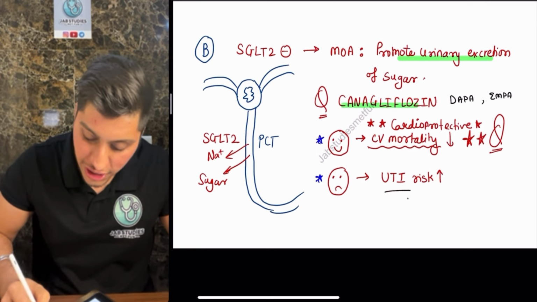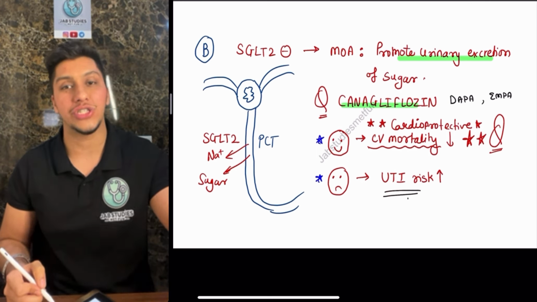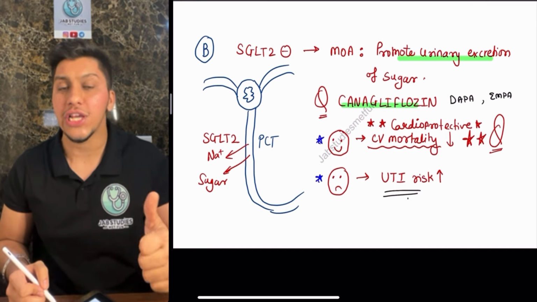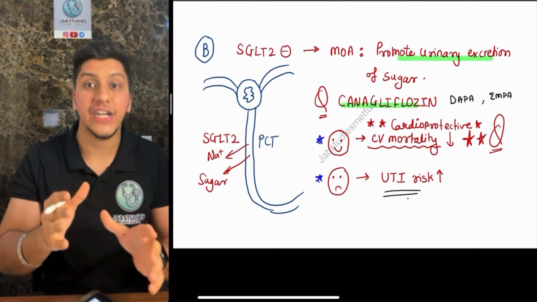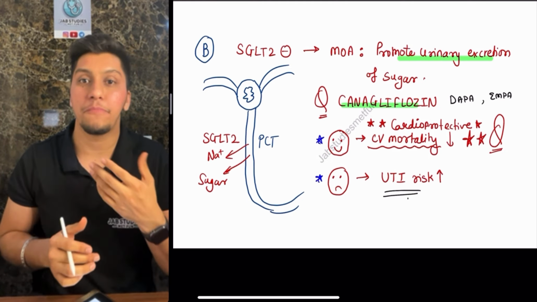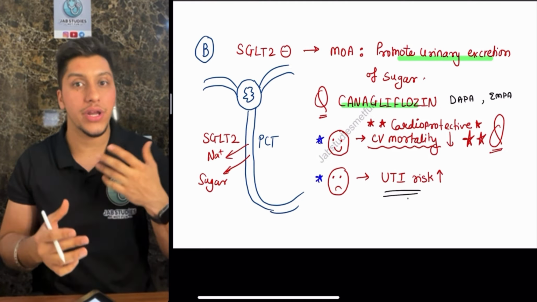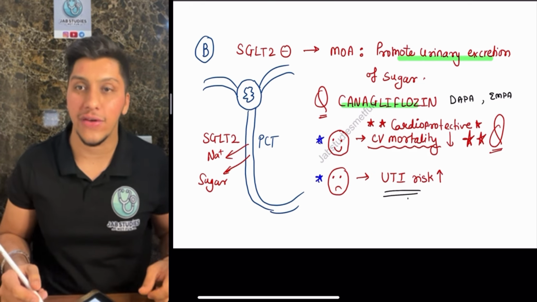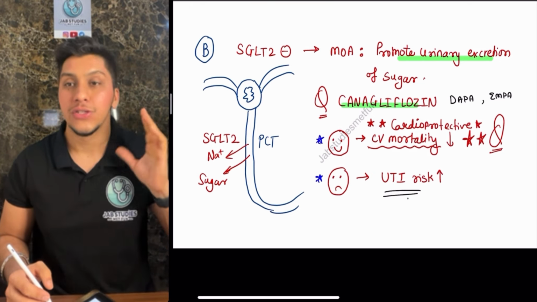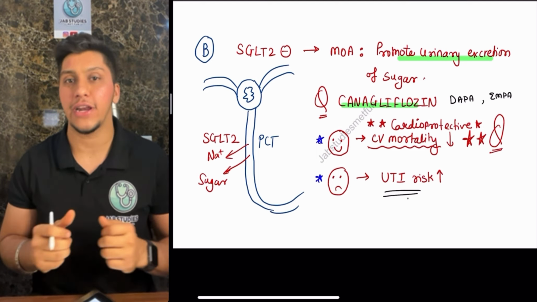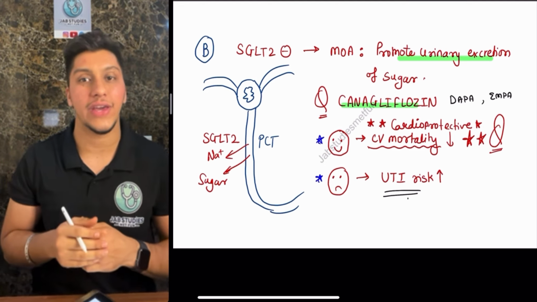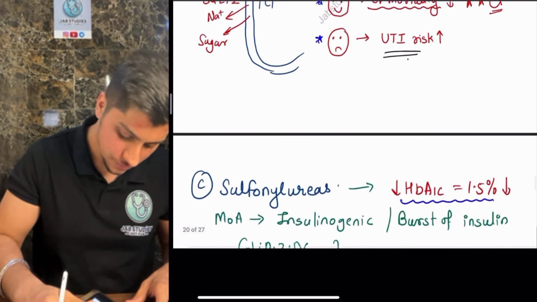Chances of urinary tract infection are high because of SGLT2 inhibitors. But a good thing about SGLT2 inhibitors is that they are cardioprotective as well. So if you have a patient with a history of coronary artery disease and all, you can think about giving an SGLT2 inhibitor. Remember, canagliflozin, dapagliflozin and empagliflozin are examples of SGLT2 inhibitors.